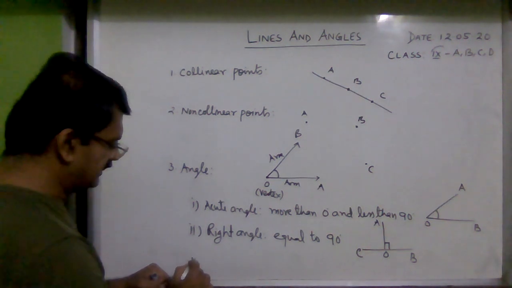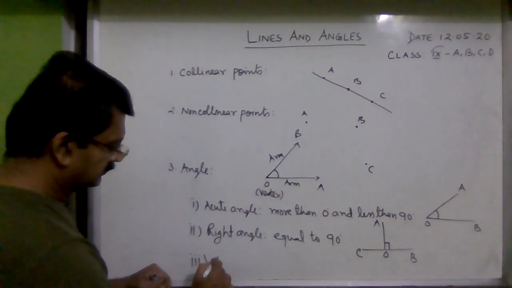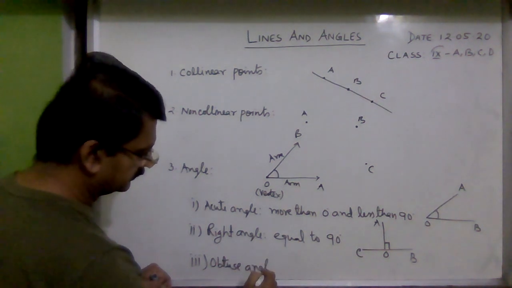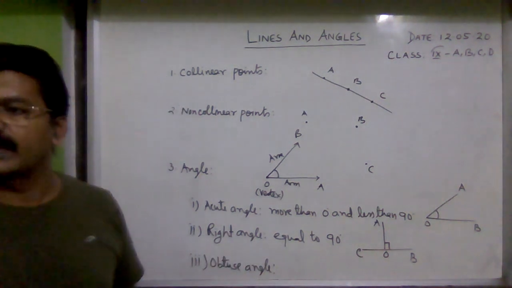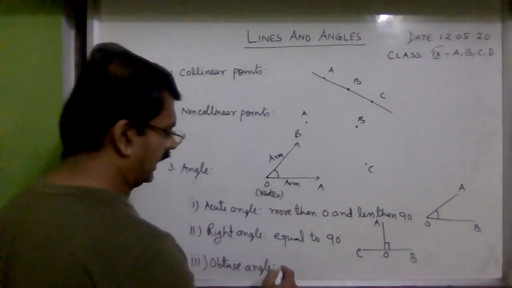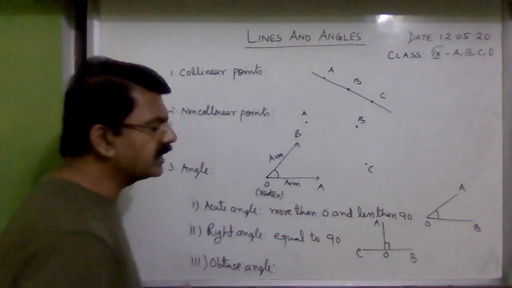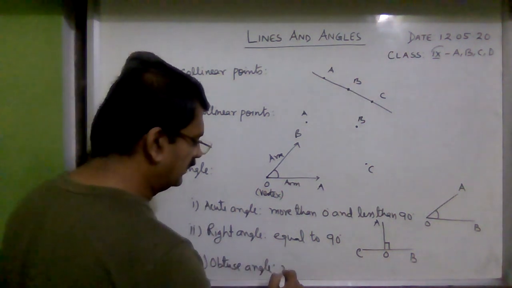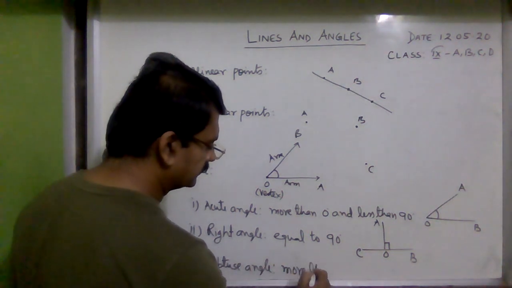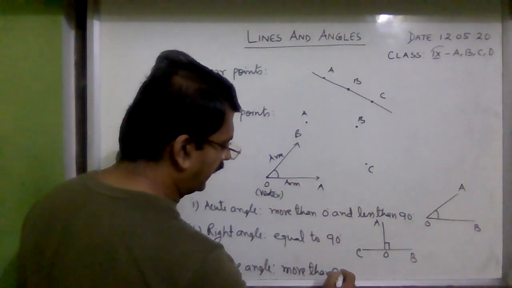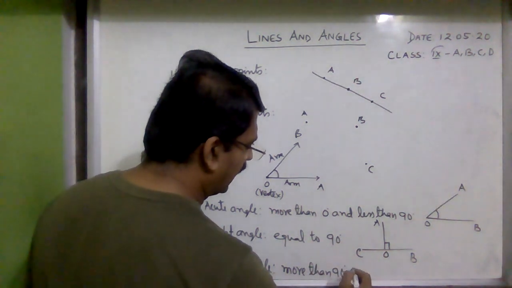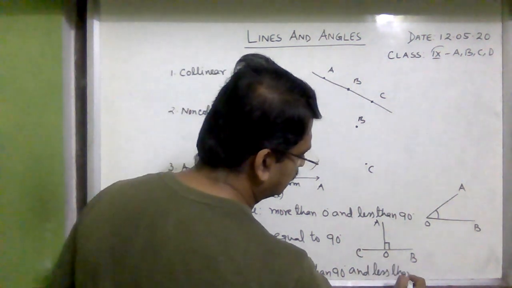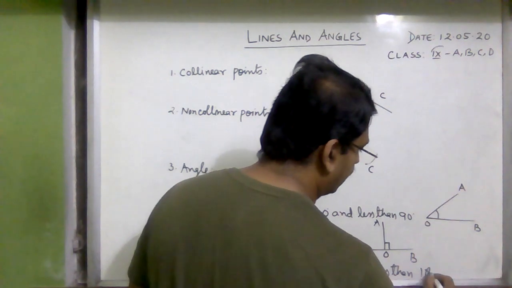Then the next is obtuse angle. An angle more than 90 degree but less than 180 degree.